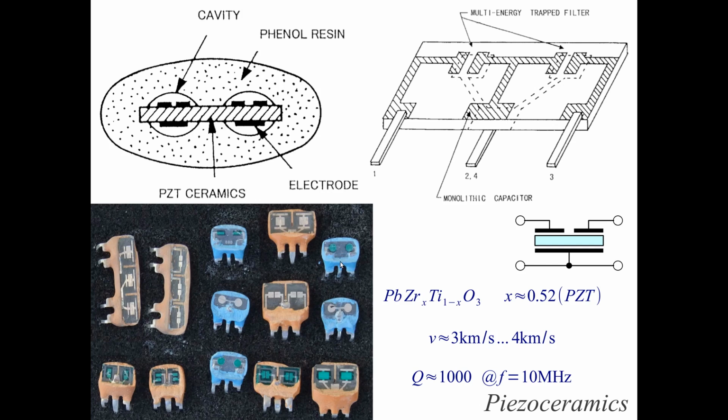In analog television receivers, the unwanted voice signal had to be removed from the video signal with a bandstop filter, also a ceramic bandstop filter.